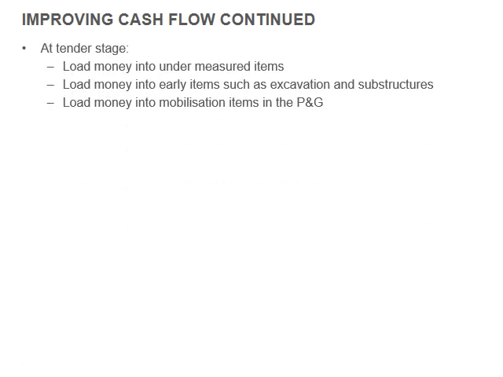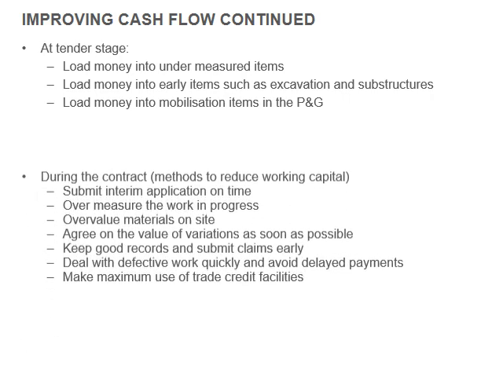Okay, so the things to improve your cash flow: at tender stage, load money into under measured items, load your money into early items such as excavations, subcontractors, load money into mobilization items in the P's and G's.